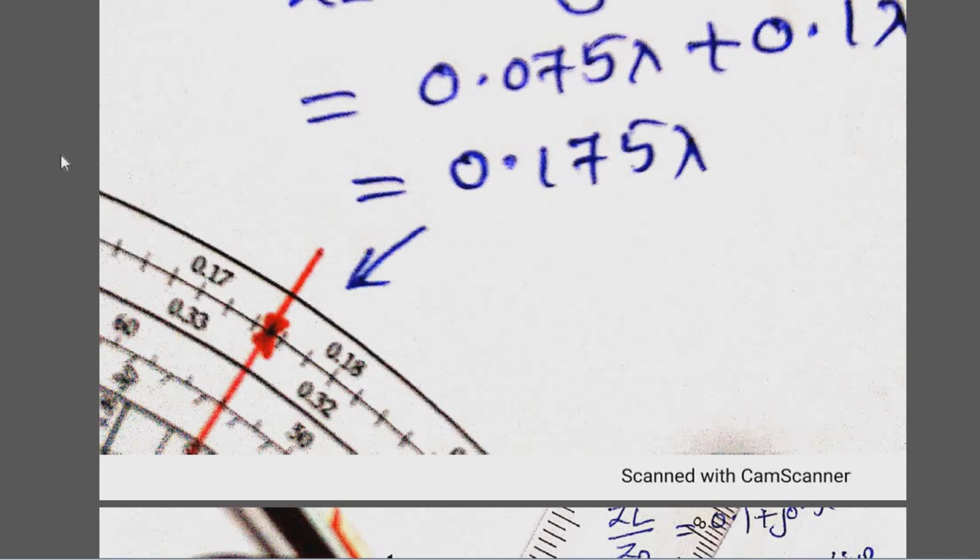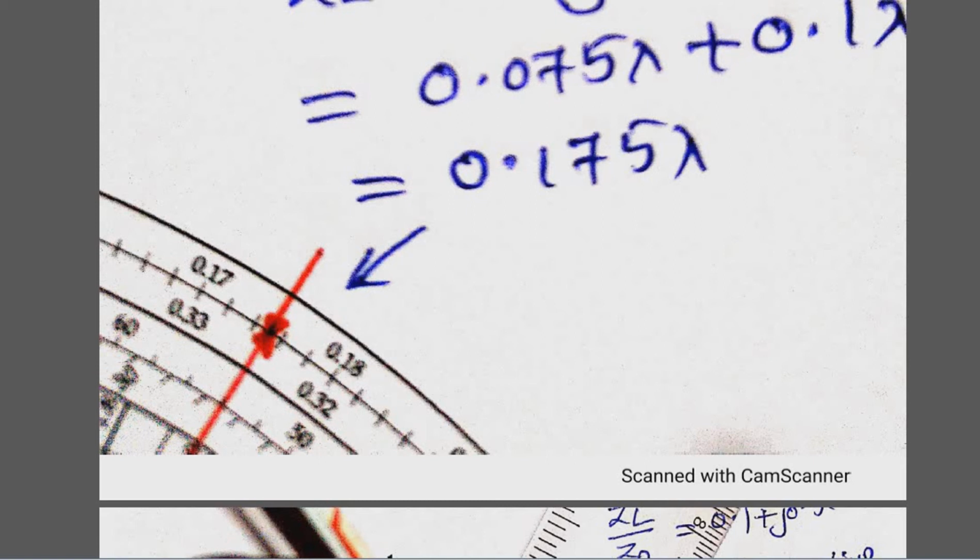0.075 is existing on the left side, and by adding 0.1 length it became 0.175. See this scale. We are moving towards the right side, which means towards the generator. So this point was marked at 0.175, meaning 0.172, 174, 175.